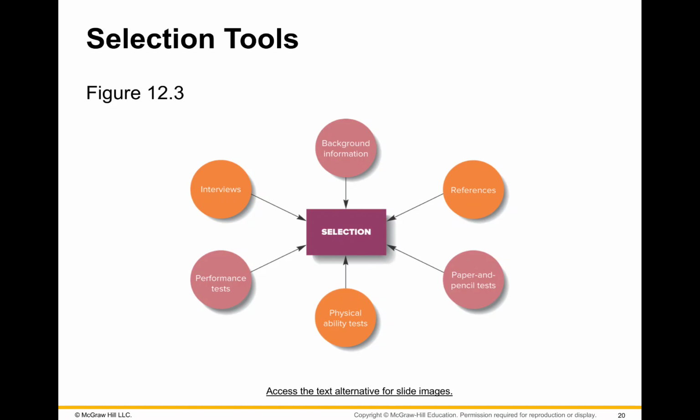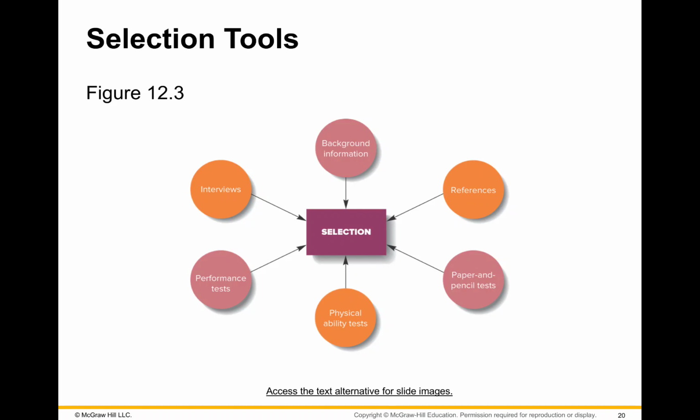Or they can do a personality test to measure the personality traits and characteristics of applicants that are relevant to job performance. But not all jobs need a personality test. Before doing the paper and pencil test, managers must have some evidence that the test is a good predictor to identify qualified candidates.